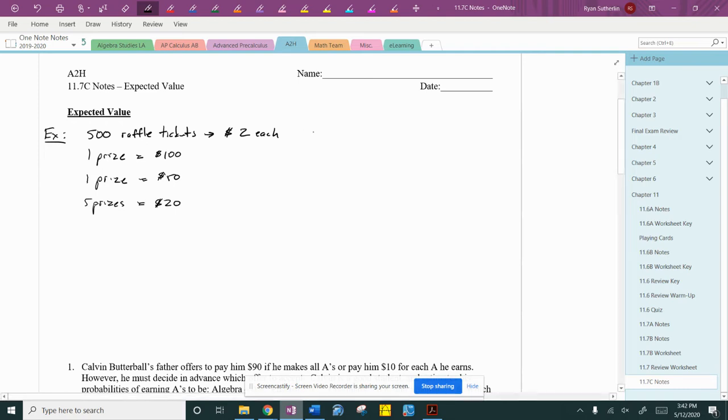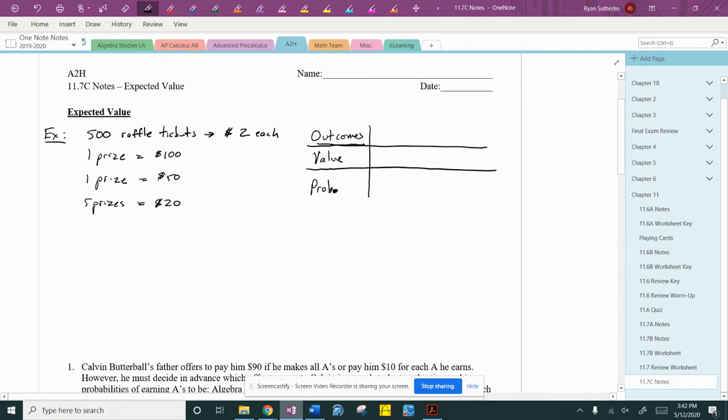So what I'll do is make a table where I have my outcomes, the value of that outcome, and then the probability that that outcome will occur.